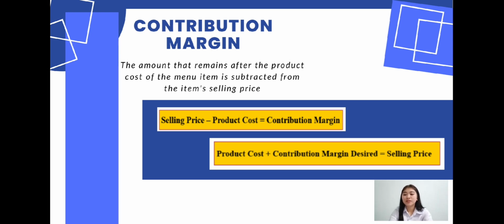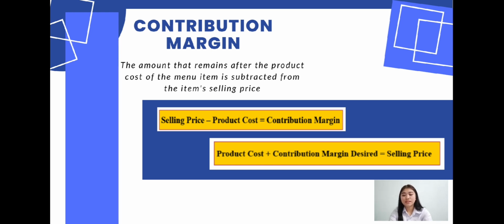So, 200, which can give a contribution margin na 50. Kasi nga, 'di ba, selling price minus product cost is equal to contribution margin. So, yung selling price mo na bag is 200 minus product cost na 150 is equal to contribution na 50.